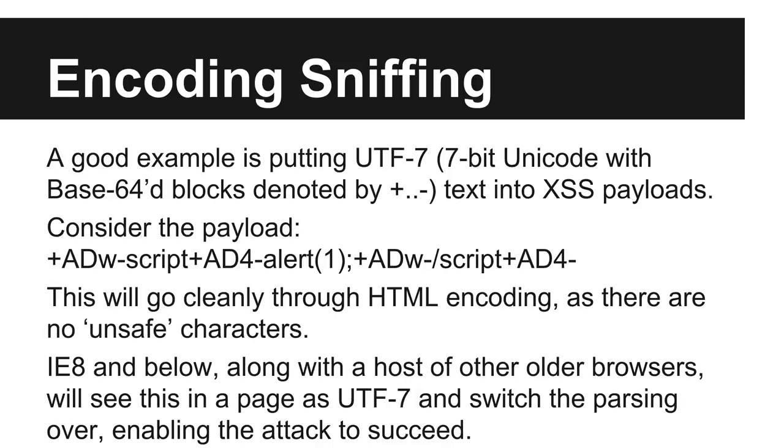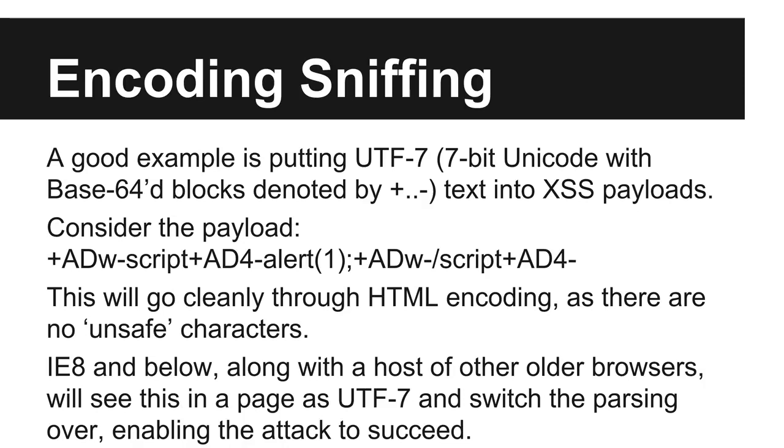A good example is putting UTF-7 text into cross-site scripting payloads. Now, most people aren't familiar with UTF-7. It's not very common. UTF-7 is basically 7-bit ASCII with embedded base64 blocks for extended range characters, so any of your Unicode characters that don't fit into 7 bits.